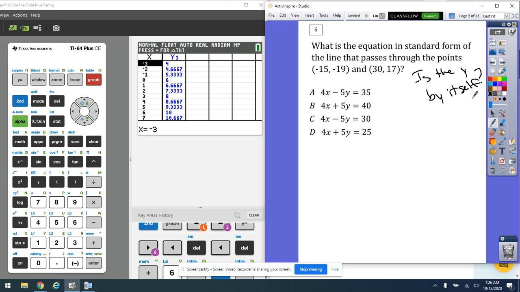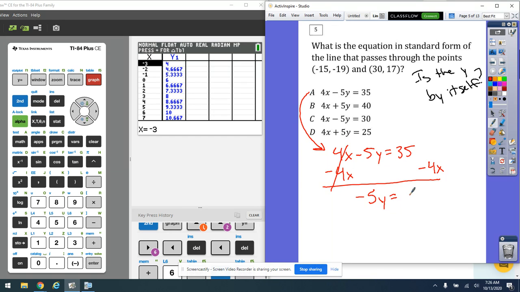So I'm going to take this first one: 4x minus 5y equals 35. If I want to get this right on my STAR test, I just do minus 4x to this side to get rid of it. That cancels out. Negative 5y equals negative 4x. I'm going to bring that to the front, and then this 35, bring to the back.